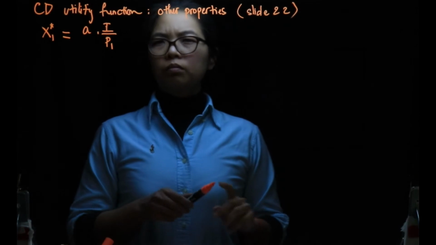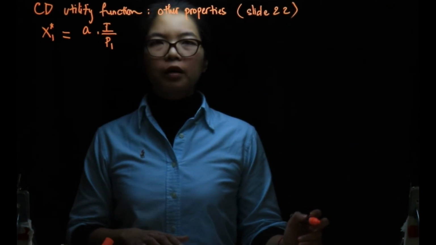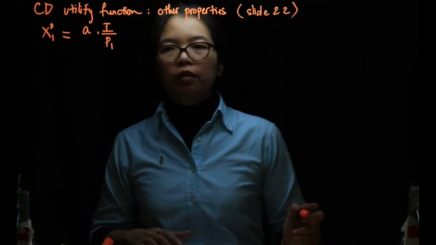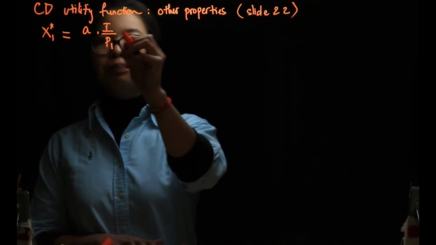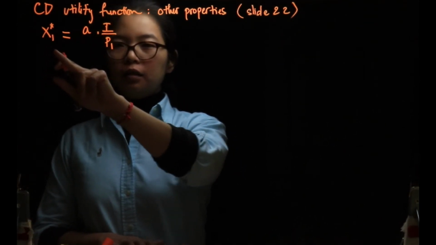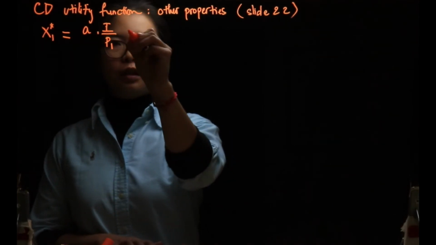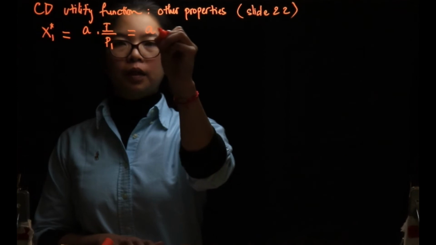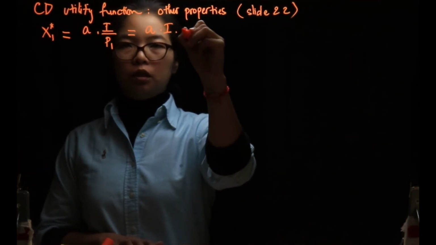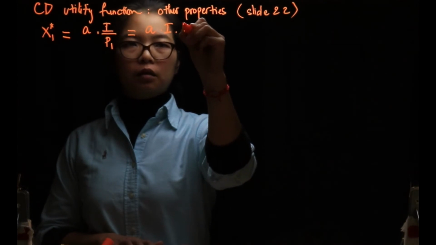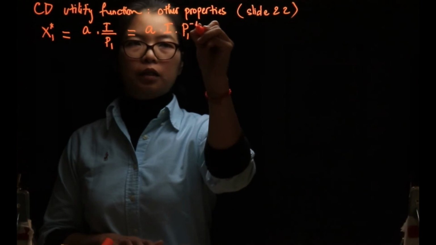So there are several more important properties of the Cobb-Douglas utility function that we talk about here on slide 22. Let's see it clearly. Again, this is the Marshallian demand function of x1 that we have solved. Let's write it this way so that it's easier for us to derive the properties later. So it should be p1 to the power minus 1.